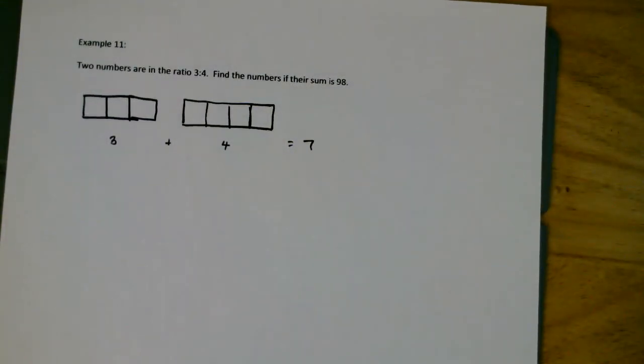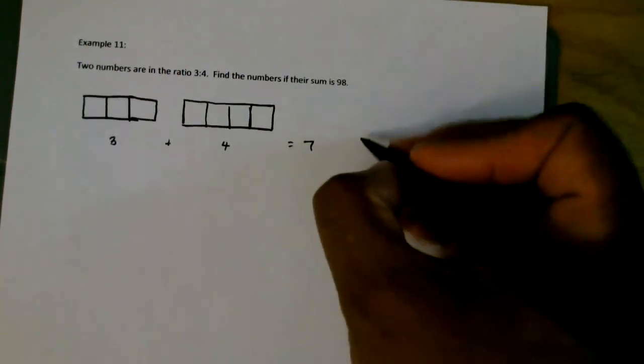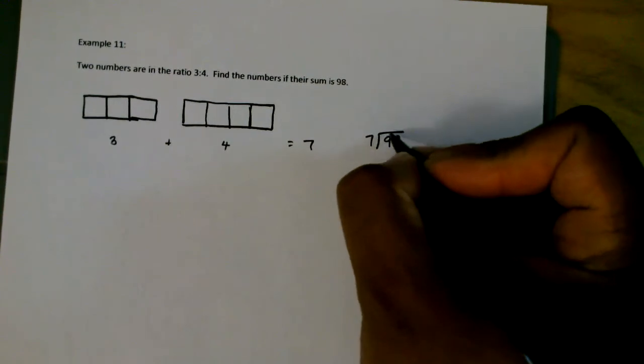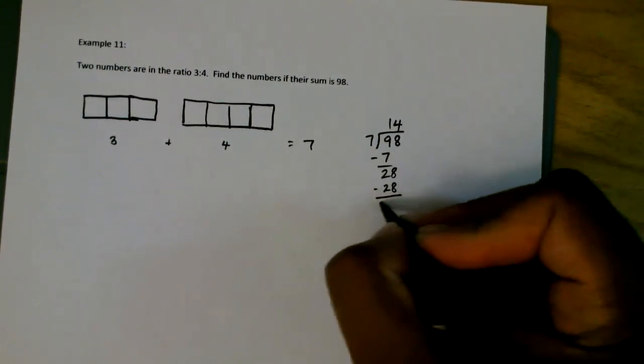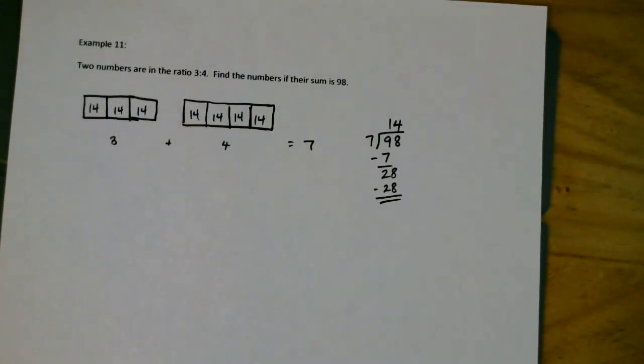And then we want to find those numbers if their sum is 98. So the sum is 98, and there's a total of 7. Let's divide 7 into 98. That has to be 14. So each one of these boxes must be 14.